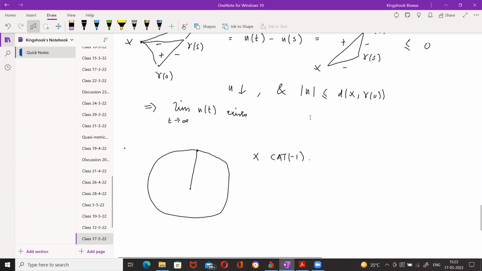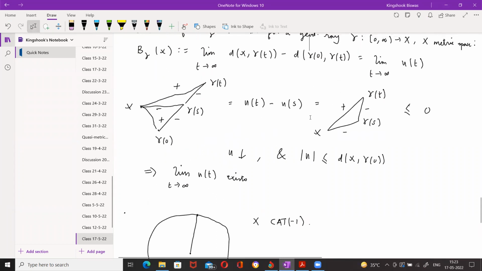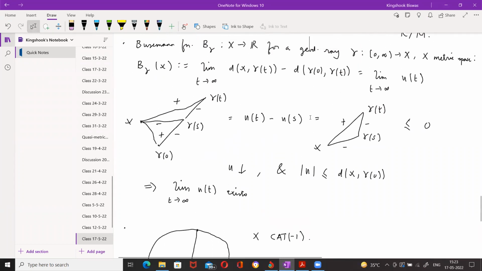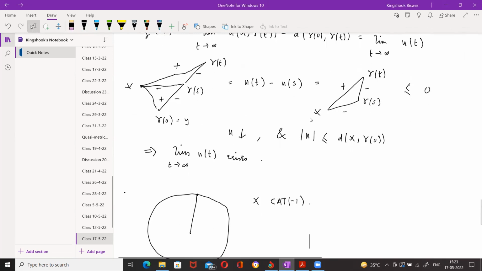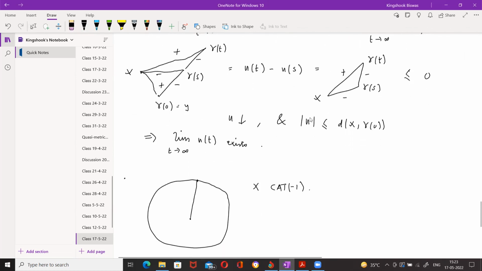All right, so let's see what I was doing with this Busemann function here. If I call this gamma 0 equal to y, then in a CAT(-1) space I can define b.